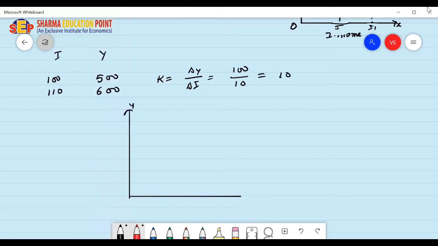This is the proper example because now I am taking the diagram for this. Look, if you draw the diagram according to the data, let's say your investment was 100.